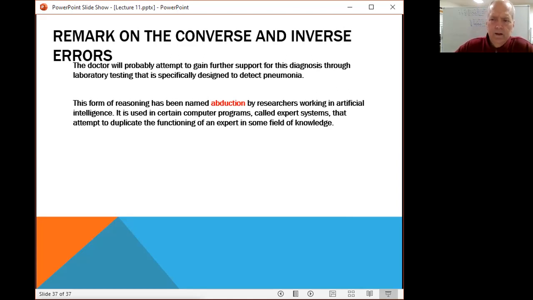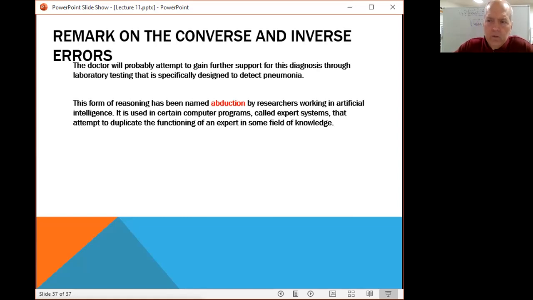We noted that the converse and the inverse of a statement are not logically equivalent to the statement, but the contrapositive is. We've been saying that all along in logic, in predicate logic, in quantified statements, and here in looking at valid forms of argumentation.